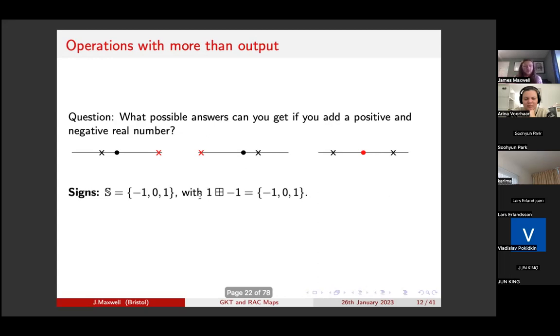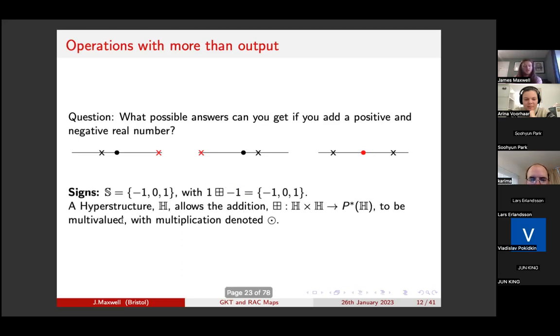So this 1 ⊞ -1, where ⊞ is our hyperaddition, could be all three of these outcomes. What this is trying to capture is, given some positive element plus some negative element, what possible outcomes could you have? So this is a set.